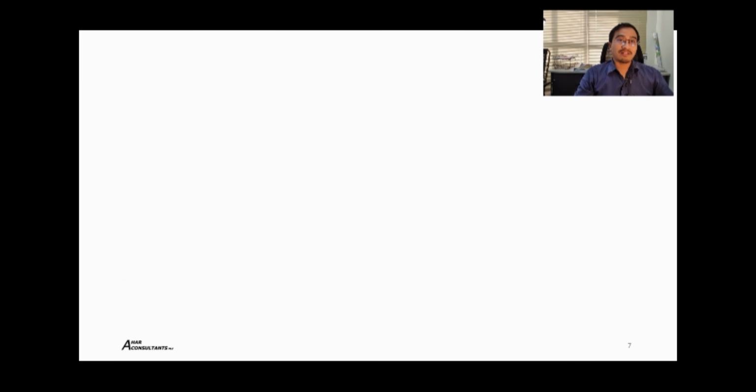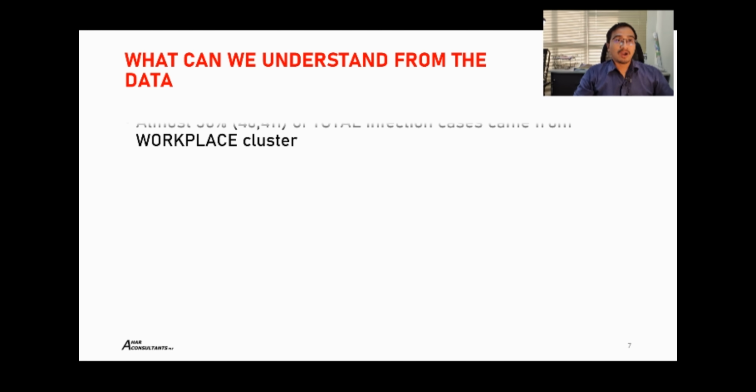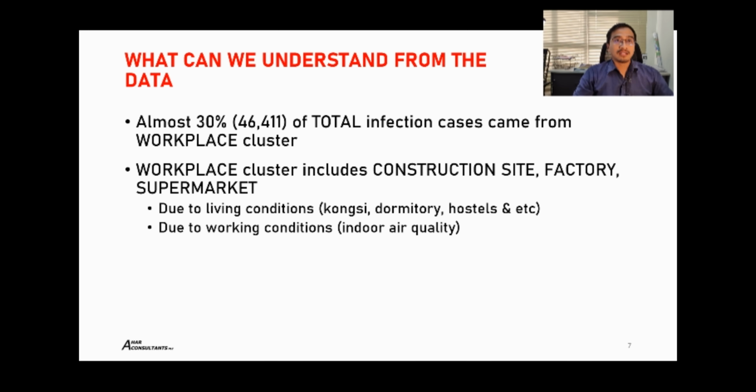What do we understand from this data? Almost 30% or 46,000 cases came from the workplace cluster. The workplace cluster are mostly at construction site, factory, and supermarket. There is no evidence that the construction site itself or working area can spread the infection as normally it is outdoor.